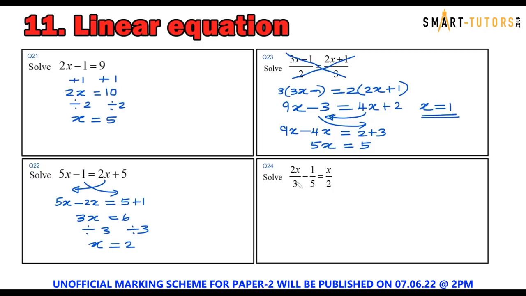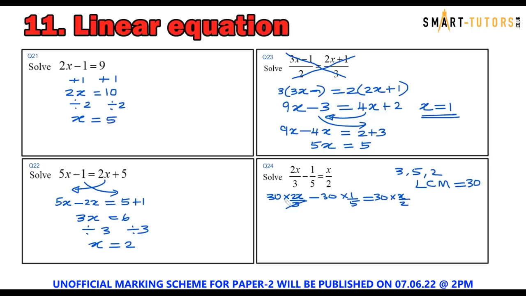Now this type of question, you have the denominators different numbers: 3, 5 and 2. So 3, 5, 2, the LCM, lowest common multiple, is 30. So you multiply by 30, so 30 times 2x over 3 minus 30 times 1/5 and 30 times x over 2.